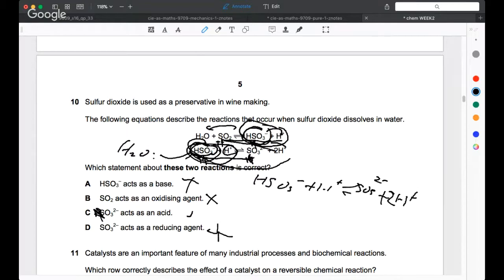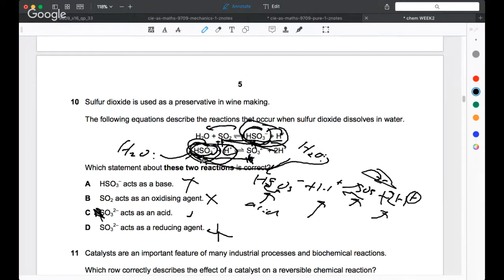So this is a base, this is an acid, this is an acid, but this one is not a base. What is the base is water. Water is the one which takes off this proton and gives you this ion. So water is the one acting as a base.